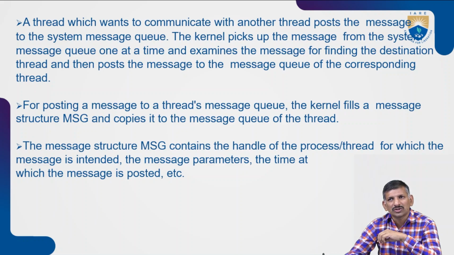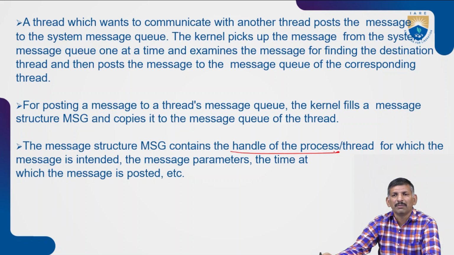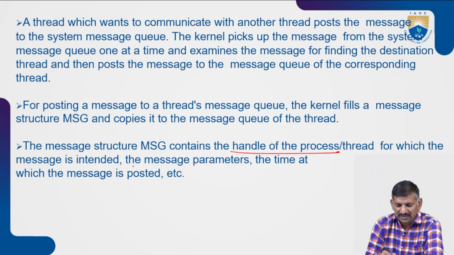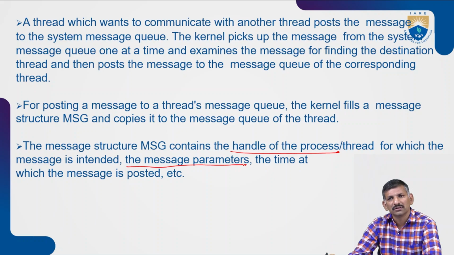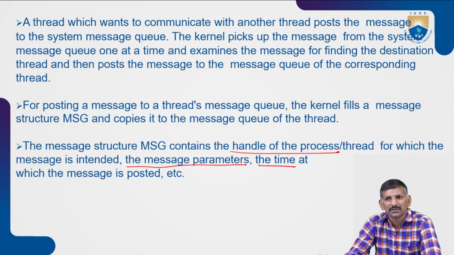For posting a message to the thread message queue, the kernel fills a message structure, MSG, and copies it to the message queue of the thread. The message structure contains the handle of the process for which the message is intended, meaning the receiver ID, the message parameters, and the time at which the message is posted.